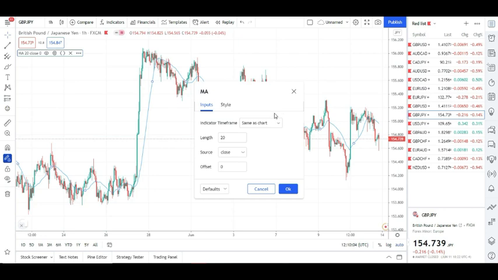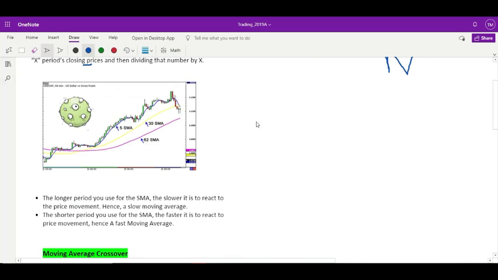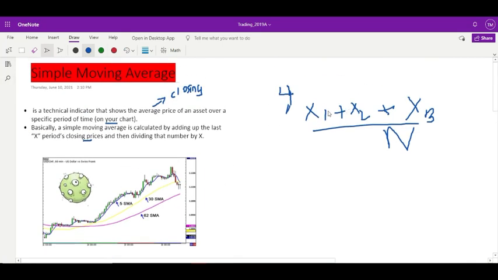Let me go back here. Our formula is like this. Let's say we go up to X20. If you add from 1 to 20, divided by 20, this is closing price divided by 20.